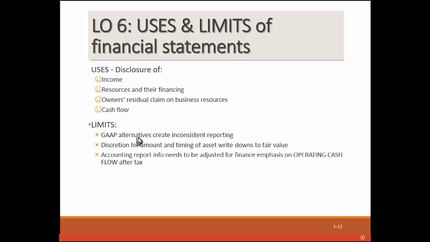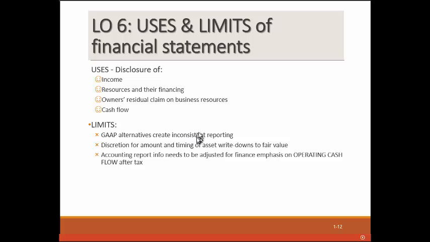For example, one company might use a FIFO inventory system, first in, first out, and a competing company might use LIFO to value its inventory, last in, first out. The first company would show higher inventory values on the balance sheet, but less cost of goods sold on the income statement. The second company using LIFO would show less inventory on the balance sheet, but more cost of goods sold on the income statement.